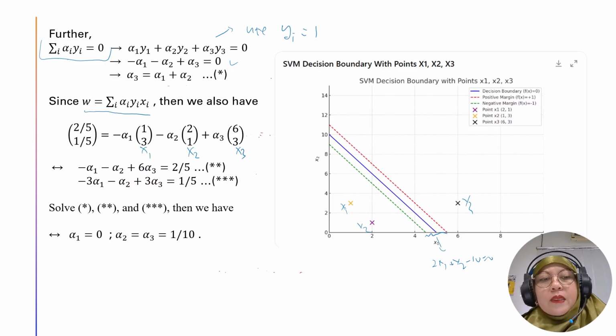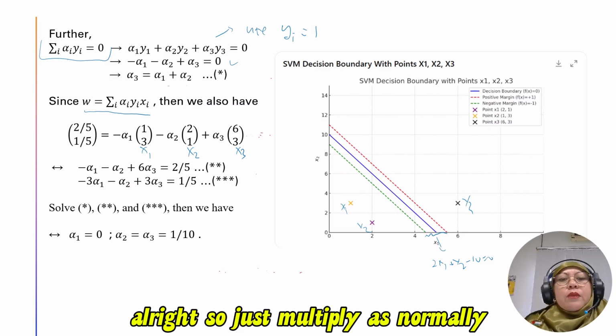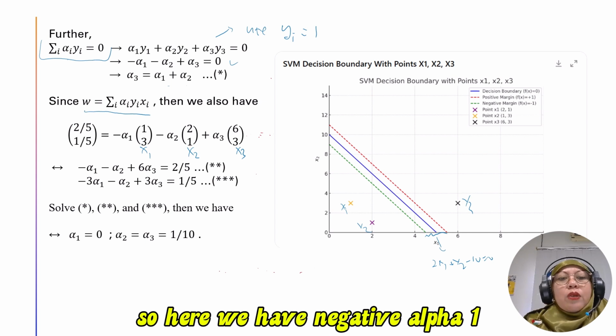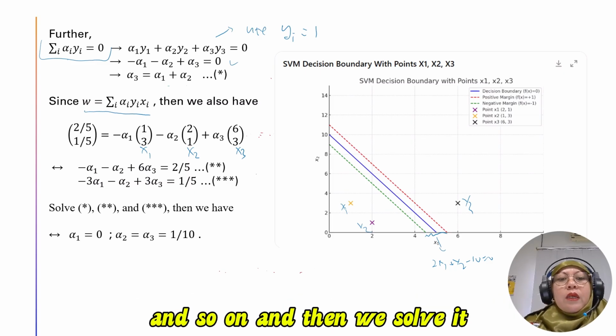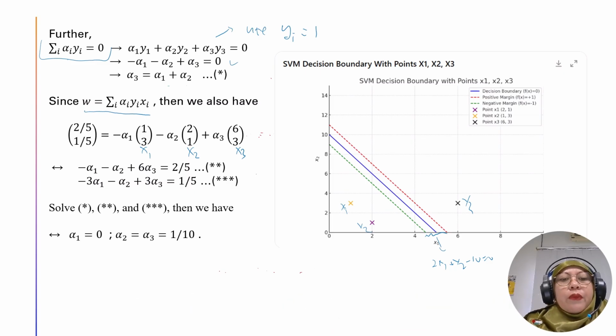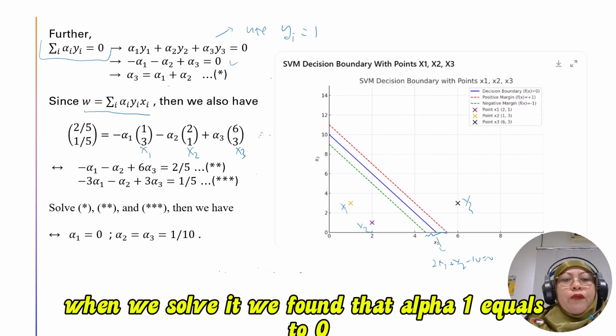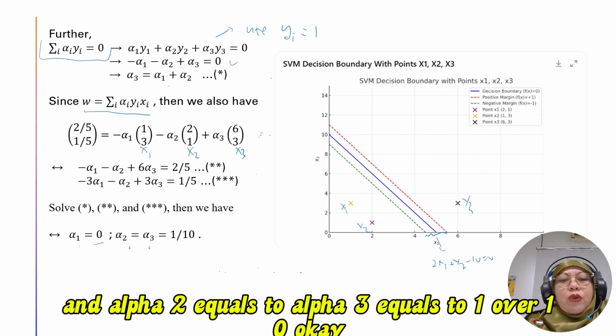So just multiply as normal. And then we solve it. When we solve it, we found that alpha 1 equals to 0, and alpha 2 equals to alpha 3 equals to 1 over 10.